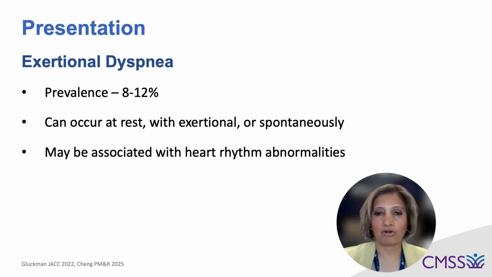Another clinical pearl or tip is that a lot of patients use wearables to help them detect cardiac rhythm abnormalities. And sometimes when you use wearables, even if you have tachycardia, based on some of the limitations of these wearables, it actually shows up as bradycardia. And this is something that's recognized in the cardiovascular world, but may not be as familiar to those of us that are taking care of patients with long COVID.